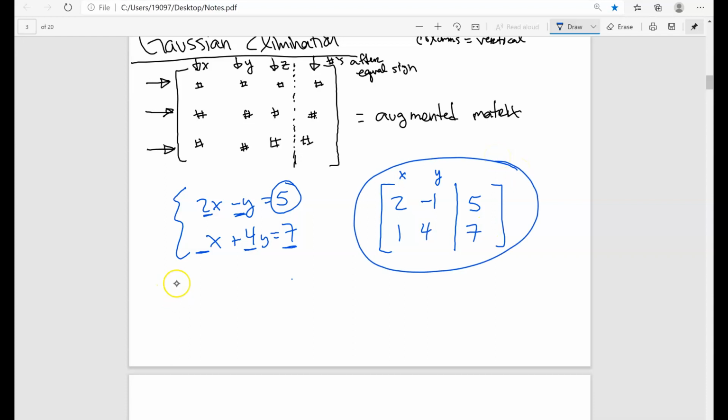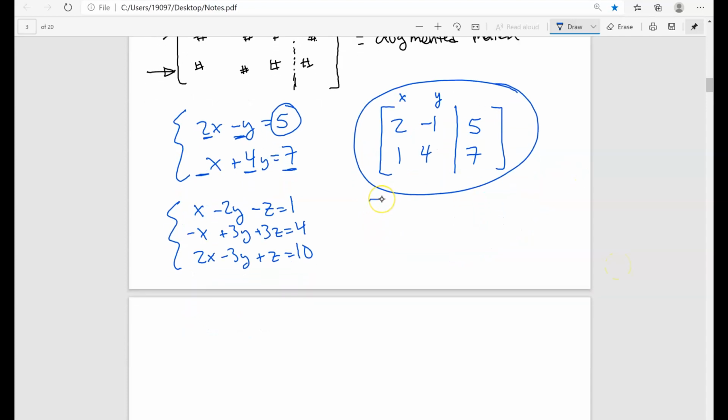So what if I had this type of problem? Let's say you had x minus 2y minus z equals 1, negative x plus 3y plus 3z equals 4, and then 2x minus 3y plus z equals 10. How would we make an augmented matrix of this? Well, we're going to draw two brackets, and then we're going to draw a line, and we're going to go row by row.